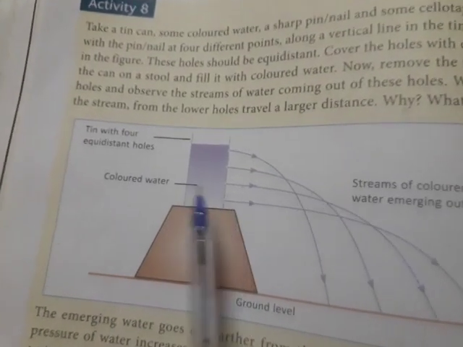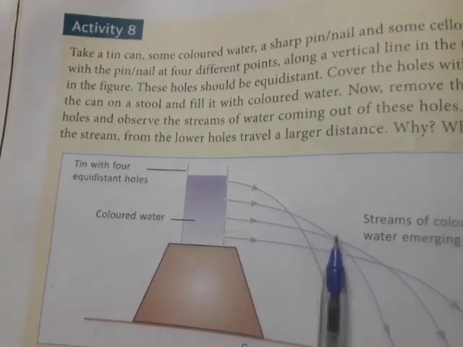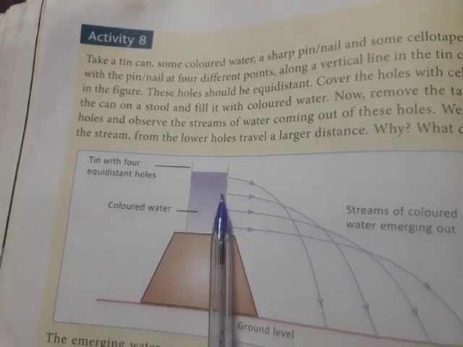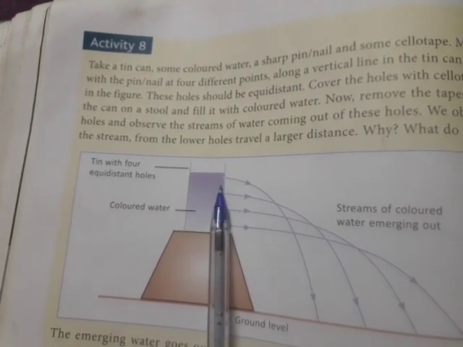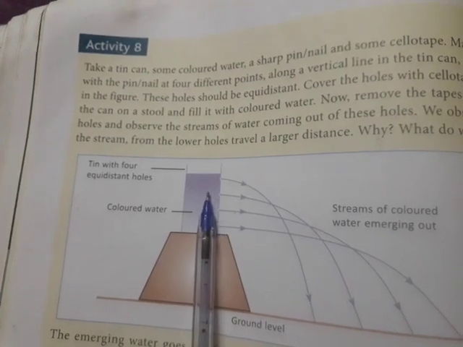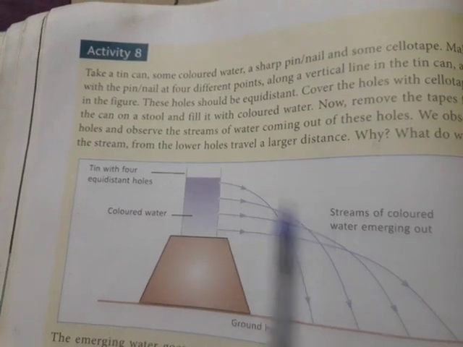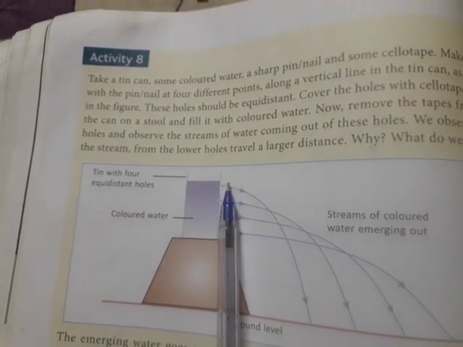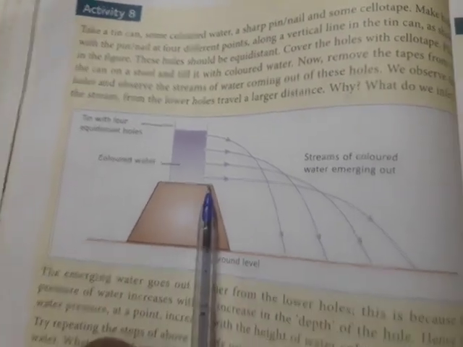This shows that the liquid exerts pressure on the wall and this pressure increases with depth. So here we conclude two things. One is that the liquid exerts pressure on the wall also, so that water exits through these holes, and the liquid pressure increases with depth.